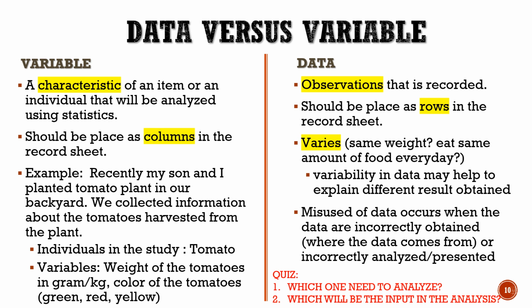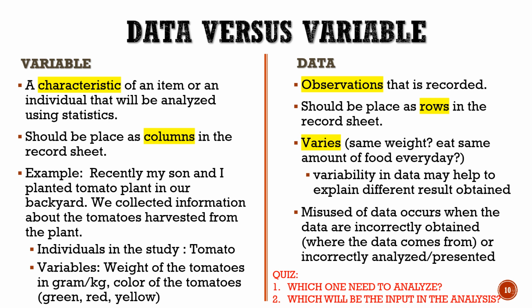Okay. So for example here, recently my son and I planted a tomato plant in our backyard. So we collected information about the tomatoes harvested from the plant. From this example, we can say that the individual in the study is the tomato, so the observation is the tomato.